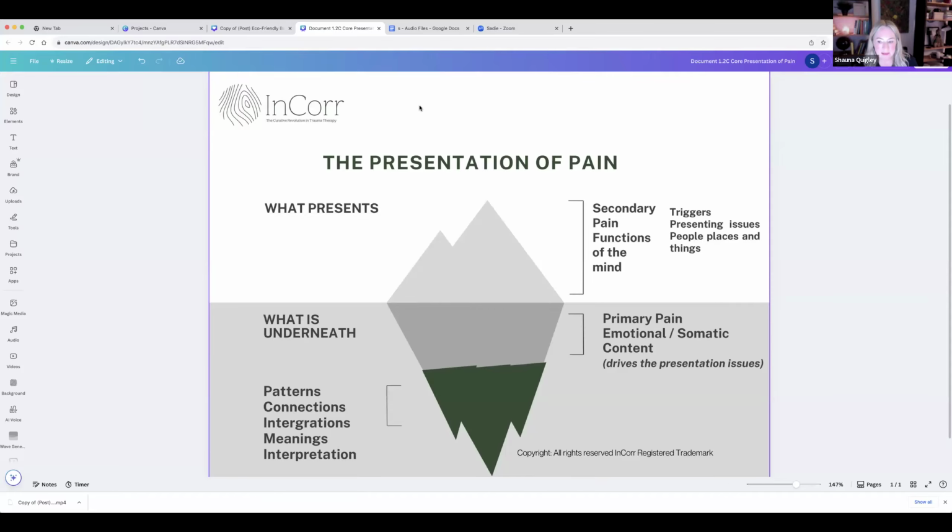Primary pain tends to be limbic in nature. It's often very, very intense. It has nervous system activation energy with it. It has a deep resonance in the body and will scramble the mind in a moment to try and find a resolution for itself.